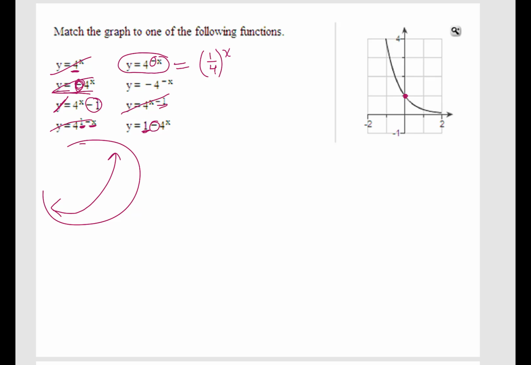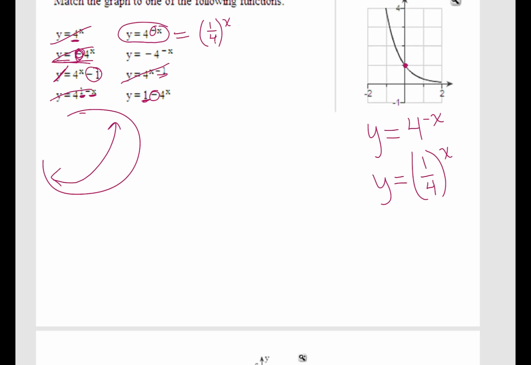So just make sure that you're graphing it and confirming what you're remembering from transformations. So it ends up being y equals 4 to the negative x, which is also y equals 1/4 to the x power. So same thing.